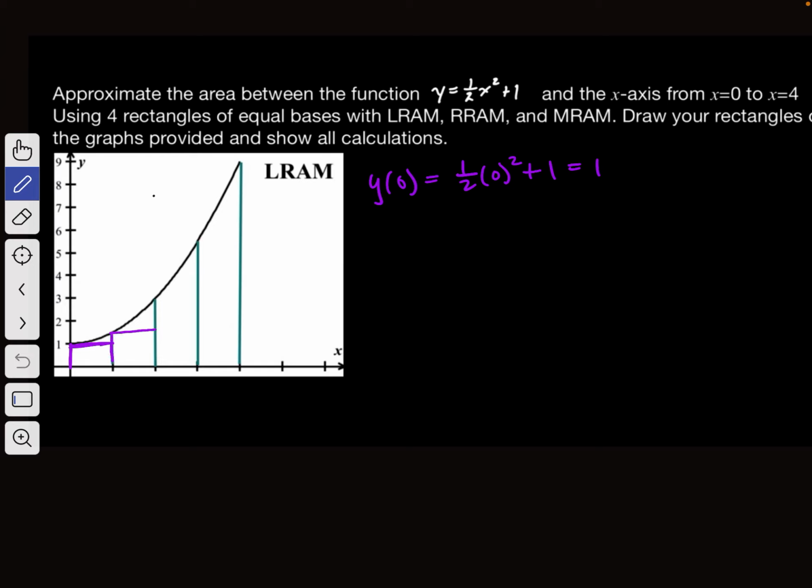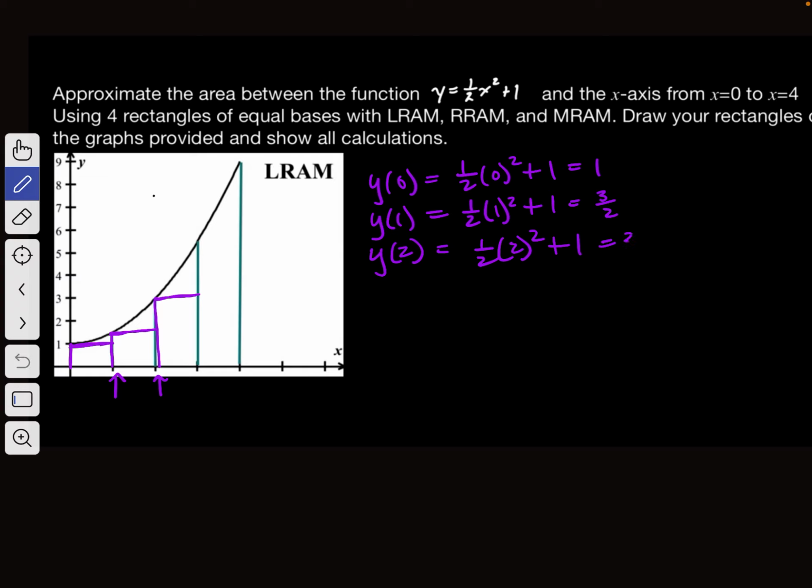All right, my next rectangle will be determined right here at an x value of 1. So y of 1, and that gives me, let's see, half plus 1 is 3/2, or 1.5. Again, draw my next rectangle. It's going to intersect on the leftmost corner of that rectangle, and so this is going to be y of 2.